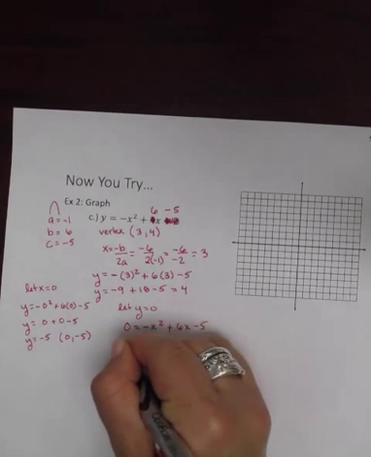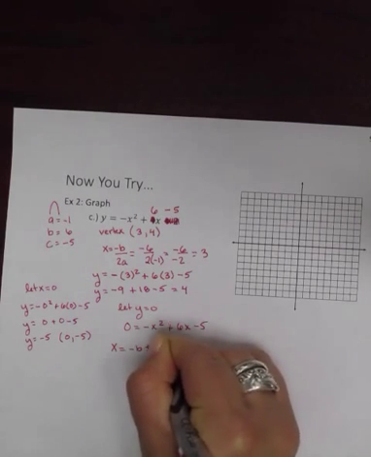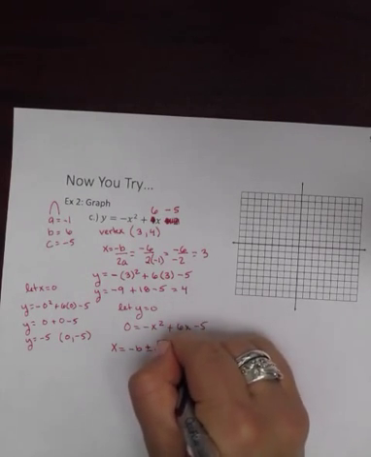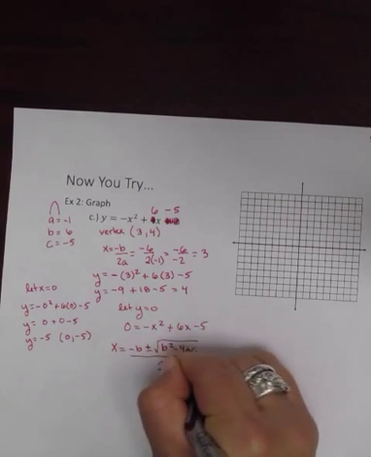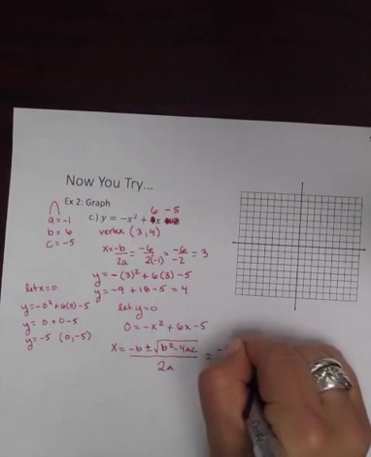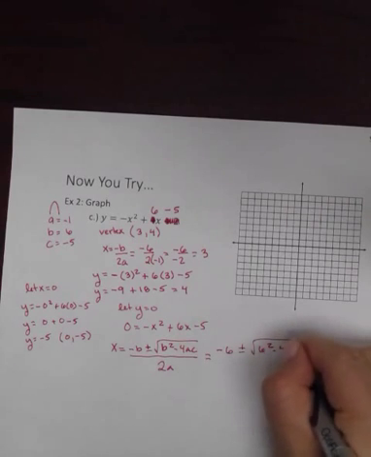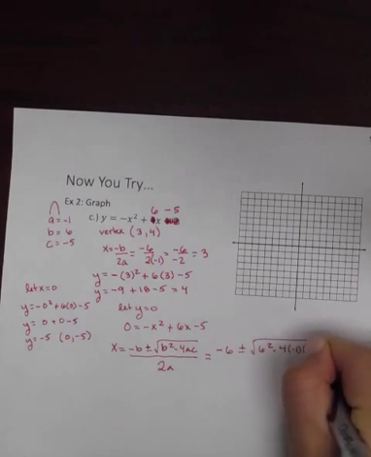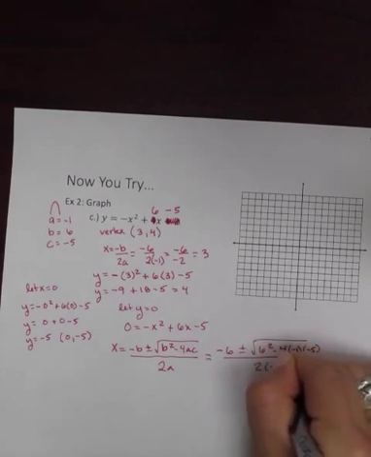Yes, absolutely. So we get x equals negative b plus or minus the square root of b squared minus 4ac all over 2a. So if I plug and chug, I got negative 6 plus or minus the square root of 6 squared minus 4 times negative 1 times negative 5 all over 2 times negative 1.